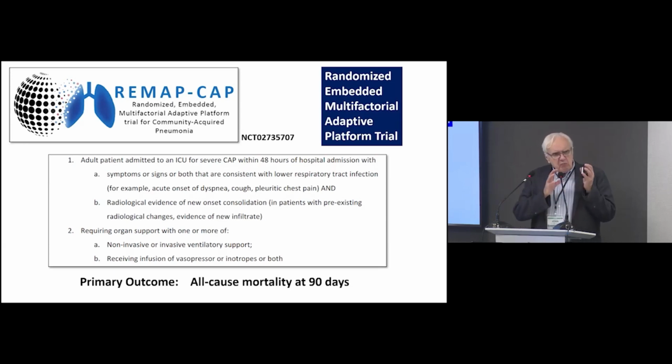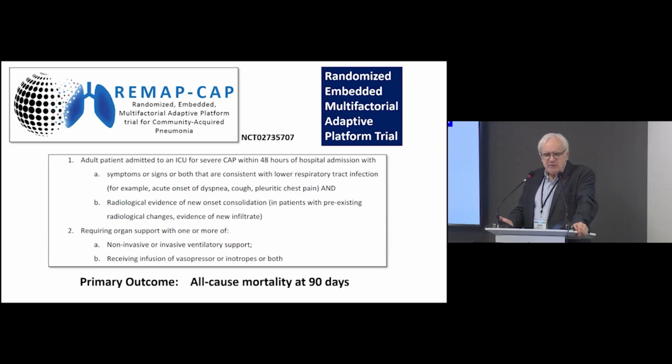You really had to have the trial ready, hopefully recruiting in advance of the pandemic need, and then simply adapt it to meet the needs of the pandemic. So we set up REMAP-CAP to be ready for the next pandemic need, and as everyone is fully aware, unfortunately that need arose in 2020.